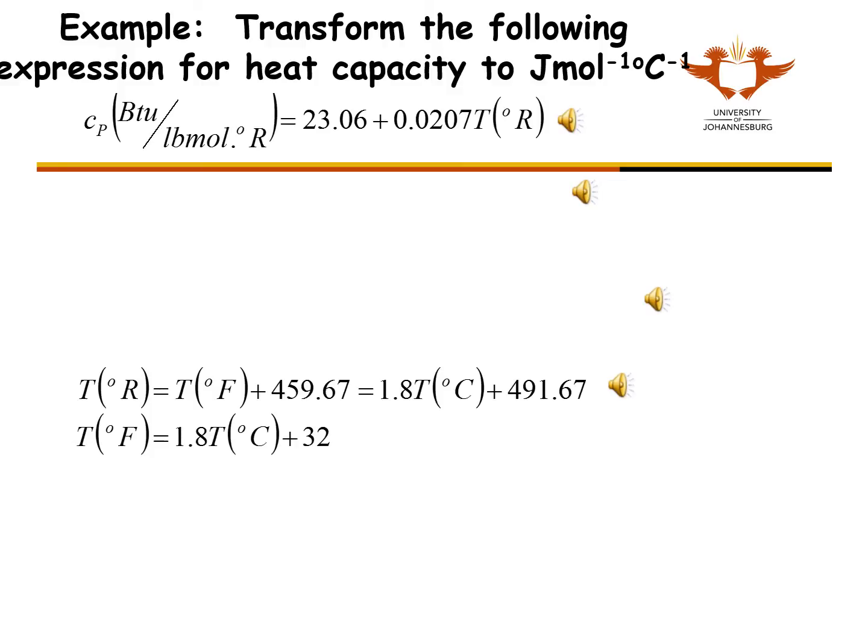To get degrees Rankine, you need to multiply degrees Celsius by 1.8, and add 291.67.